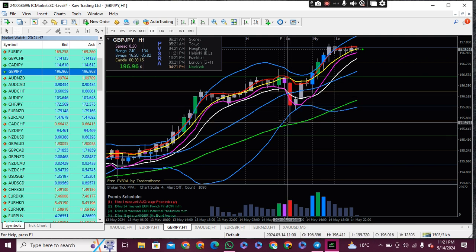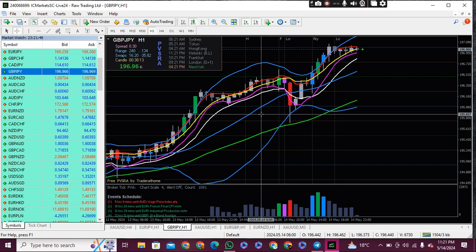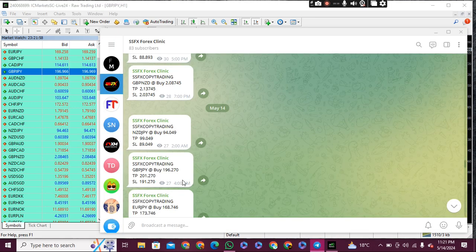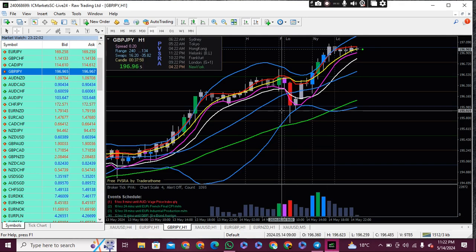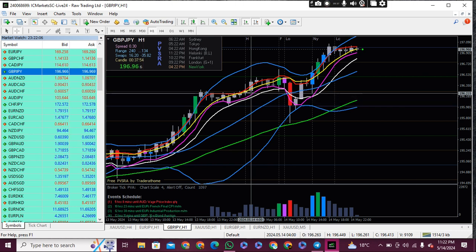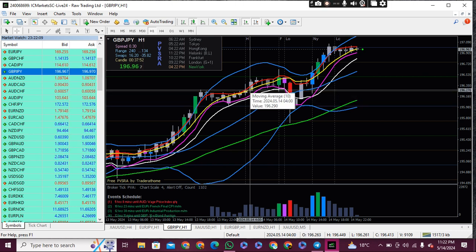This was a re-entry. It was very early in the morning. I think it was, what time? Yeah, it was 4 a.m. So around 4 a.m., around here, that's when we got a signal to buy this.